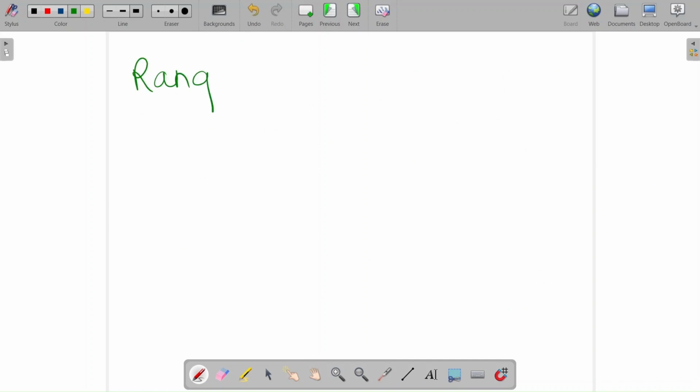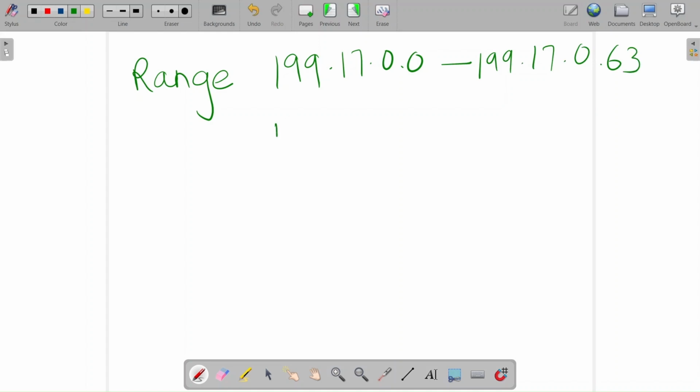For the range of IP subnets, I mentioned that you will require octet and increment, so bear that in mind while you're finding it. The given IP to us was 199.17.0.0, and it ranges to 199.17.0.63. Again, 199.17.0.64 ranges to 199.17.0.127, and so on and so forth.